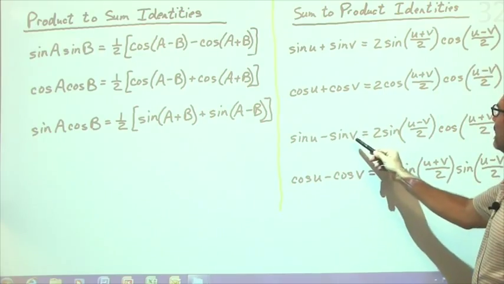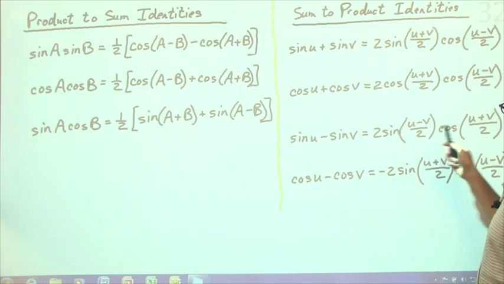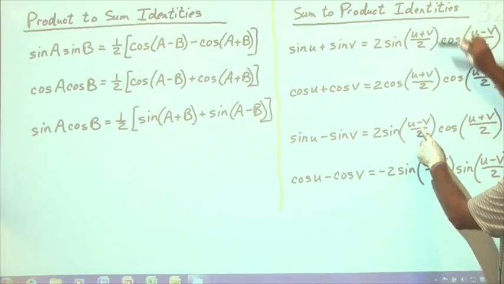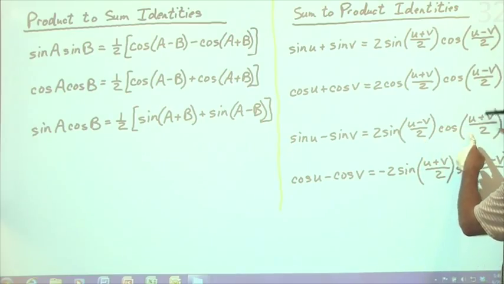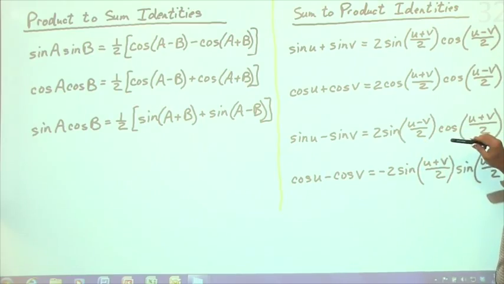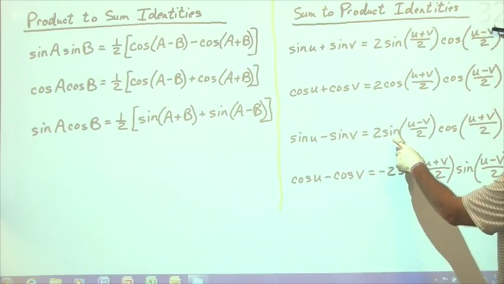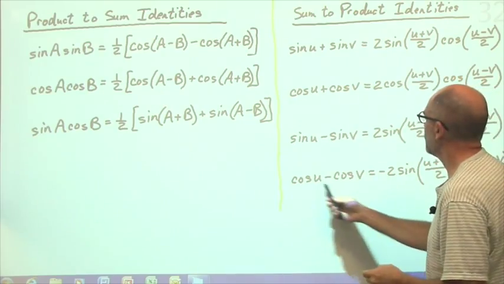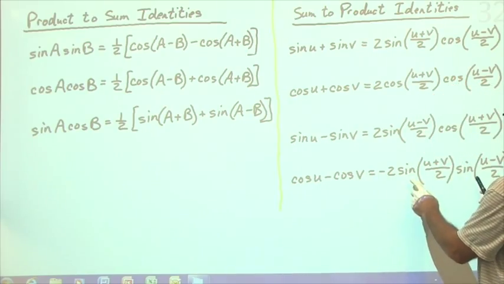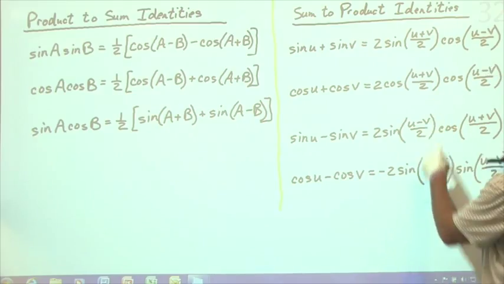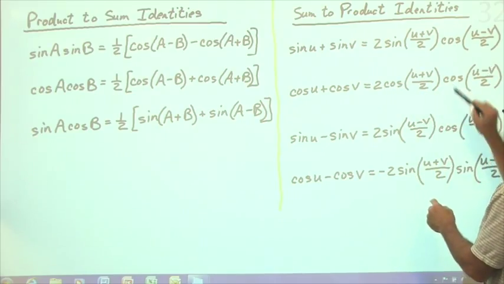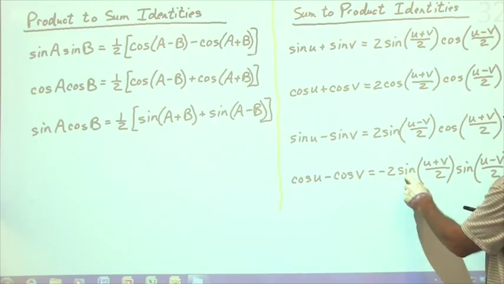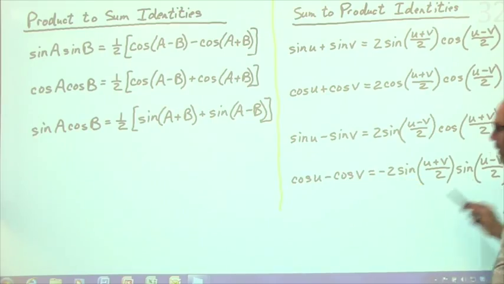Now the difference in sines is going to be 2 sine cosine, just like the sum of the sines, only instead of u plus v, it's u minus v, and instead of u minus v, it's u plus v. So it's the same structure, only you're just changing one sign there. Now, if you have the difference in the cosines, then it's the same sign, but instead of 2 cosine cosine, it's negative 2 sine sine.